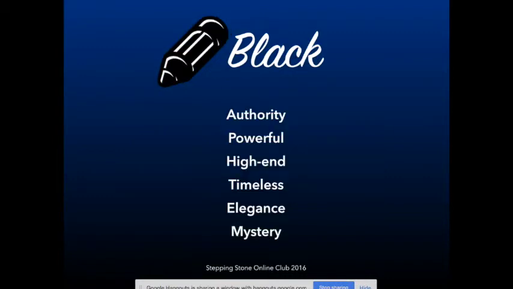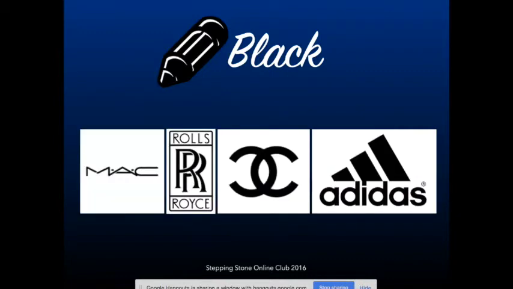And lastly, we have black for authority, powerful, high end, timeless, elegance, and mystery, which is why we have Mac, Rolls Royce, Chanel, and Adidas.